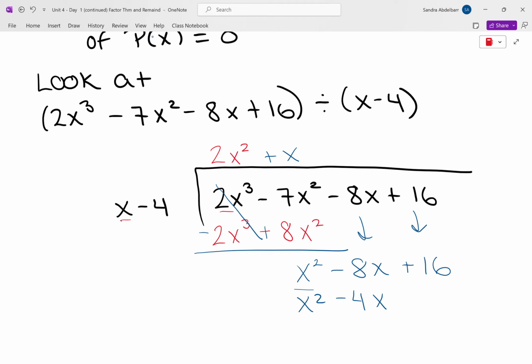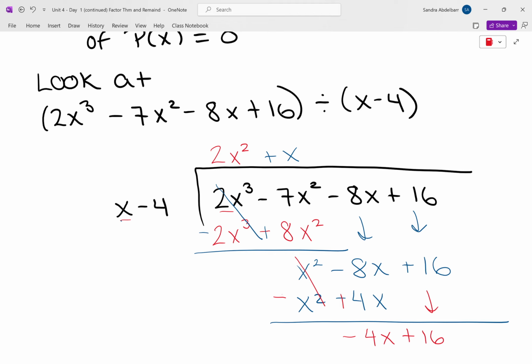All right, now we subtract, but when we subtract, what do we have to do with all the signs? Make them the opposite. So this becomes a negative x squared and a positive 4x. The x squareds cancel. Negative 8x plus a positive 4x is a negative 4x. And now we bring down the 16.